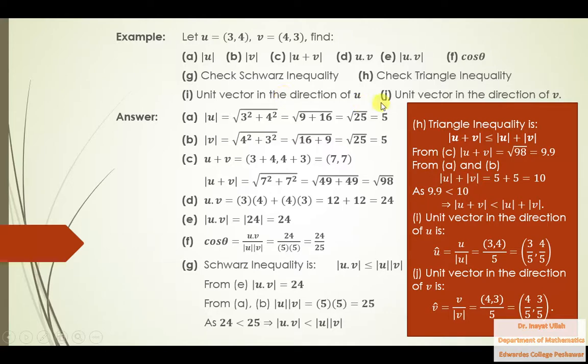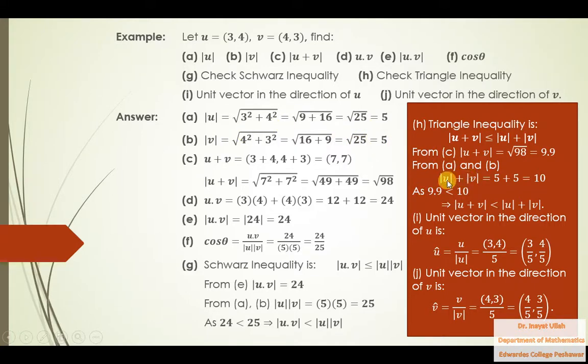In part h, we need to check the triangle inequality. From part c we see that the magnitude of u plus v is square root of 98, and the square root of 98 is 9.9. For the right hand side, the sum of the magnitudes of u and v, from part a and part b, the magnitude of u is 5 and the magnitude of v is 5.